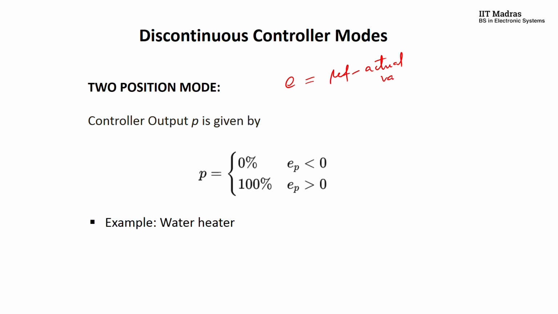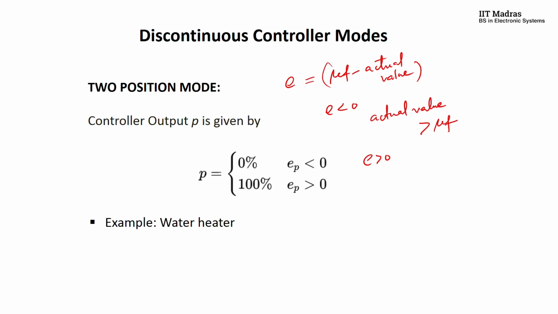If the error is less than 0, that means the actual value is greater than the reference. If the error is greater than 0, it is the converse: the reference is greater than the actual value.